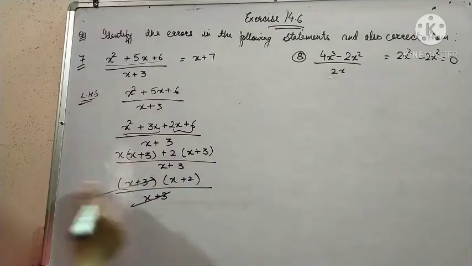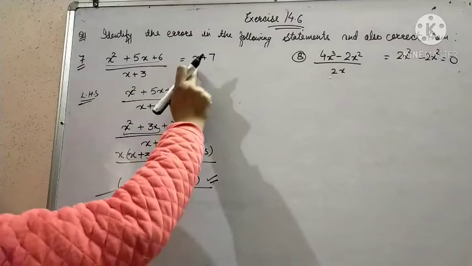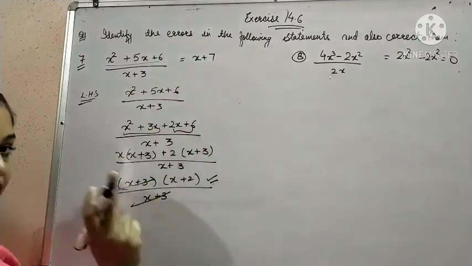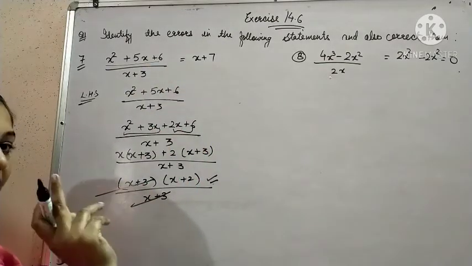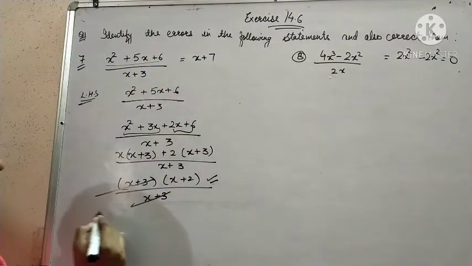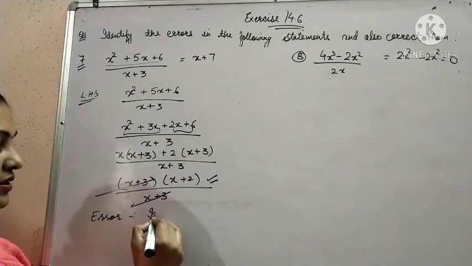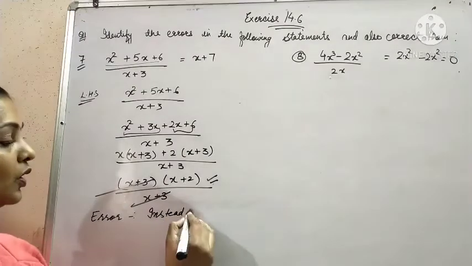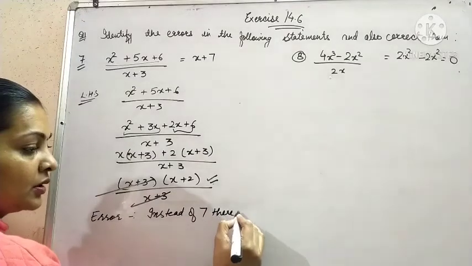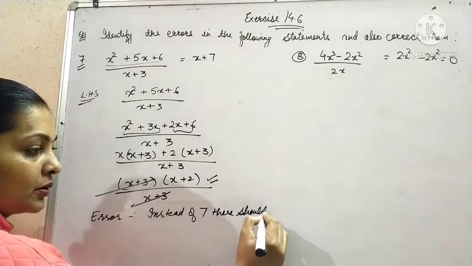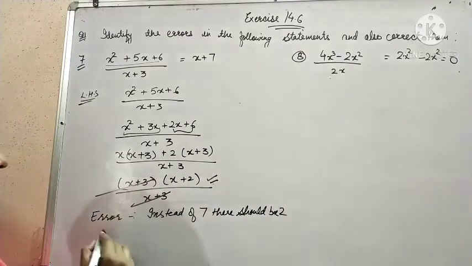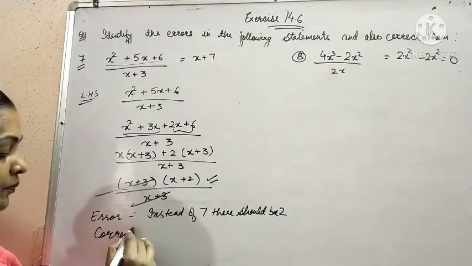This cancels out, what will be left? x + 2. So the error is that instead of 7 there should be 2, and the corrected statement is x + 2. You can write: error, instead of 7 there should be 2, and the corrected statement is x + 2.